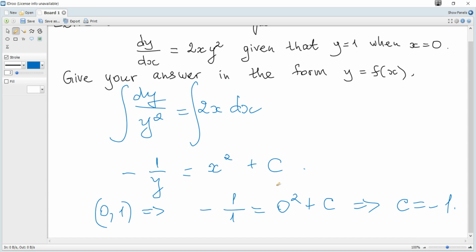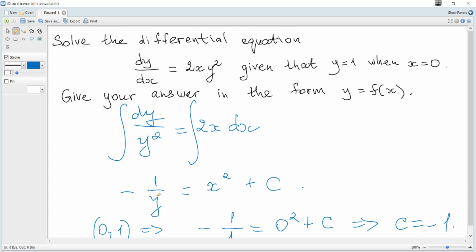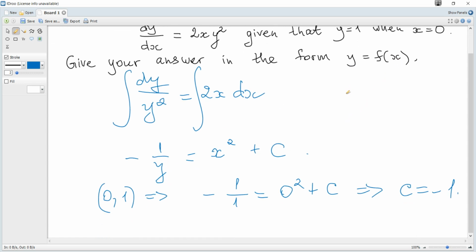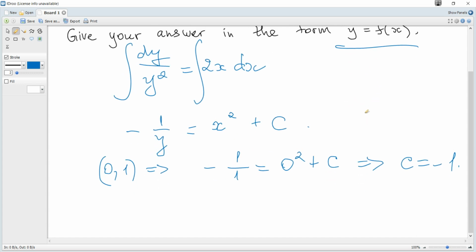Notice that you may find the constant now, or you may solve for y and then find the constant. It doesn't matter, and it's required for the answer to be in the form y is.